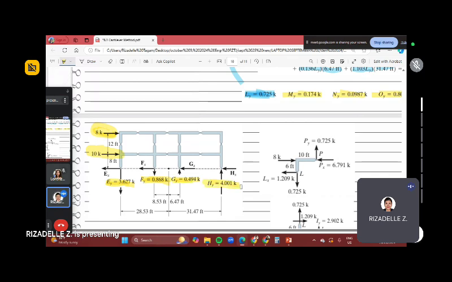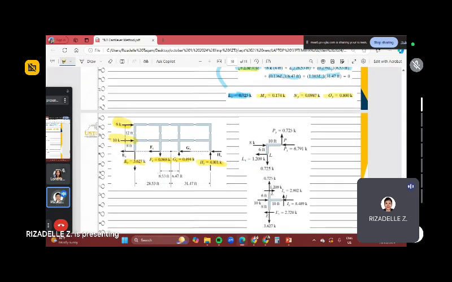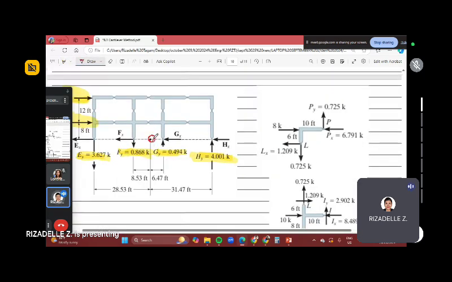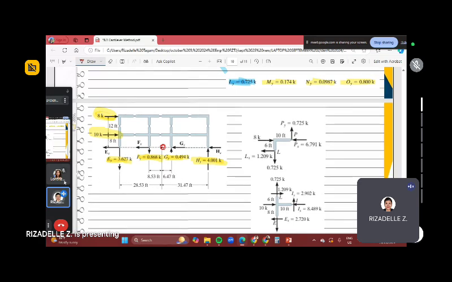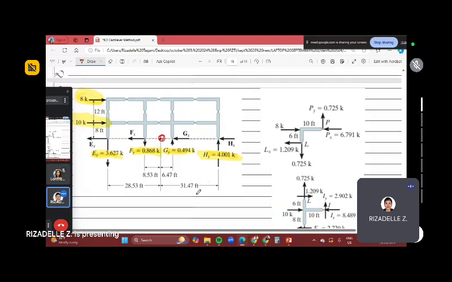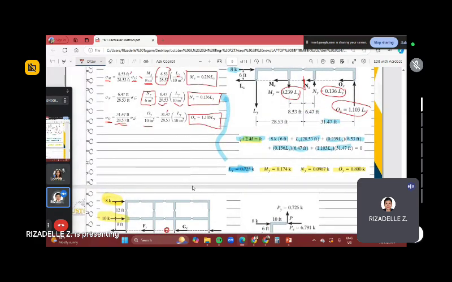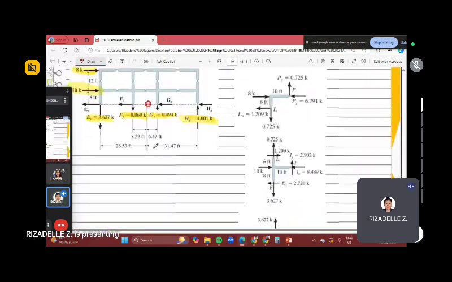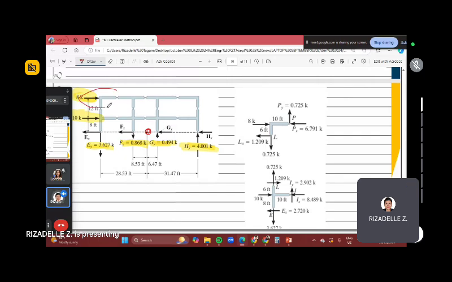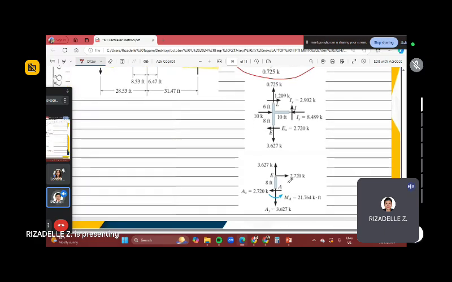Okay? After you get the actual stresses, don't forget, class, from the neutral axis, on the left side is tension and on the right side is compression. They are opposite. Alright? So once you get the forces at each floor level, you cut per hinge, and then you carry the forces along until you reach the reaction.